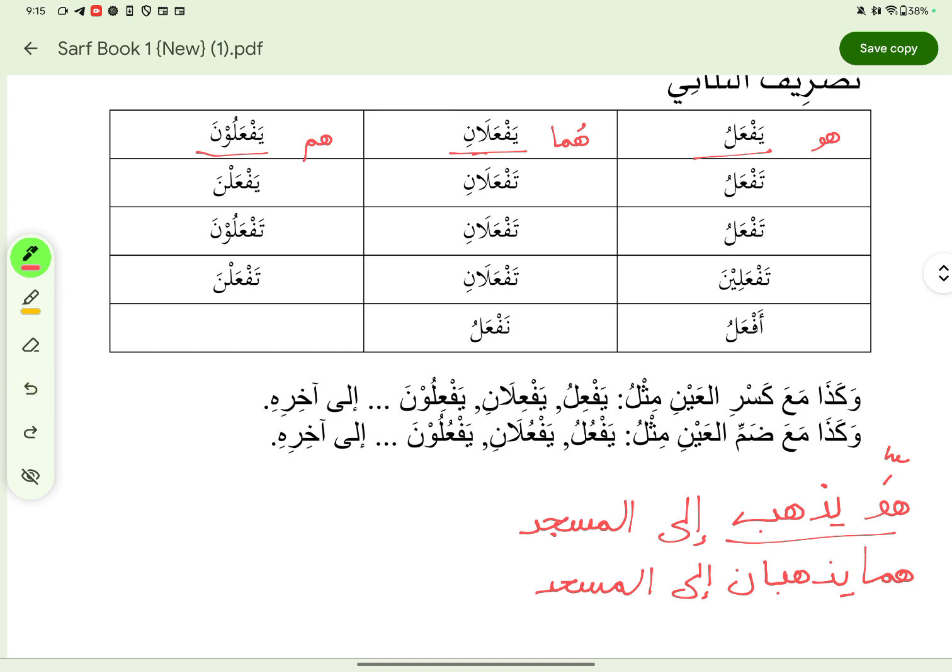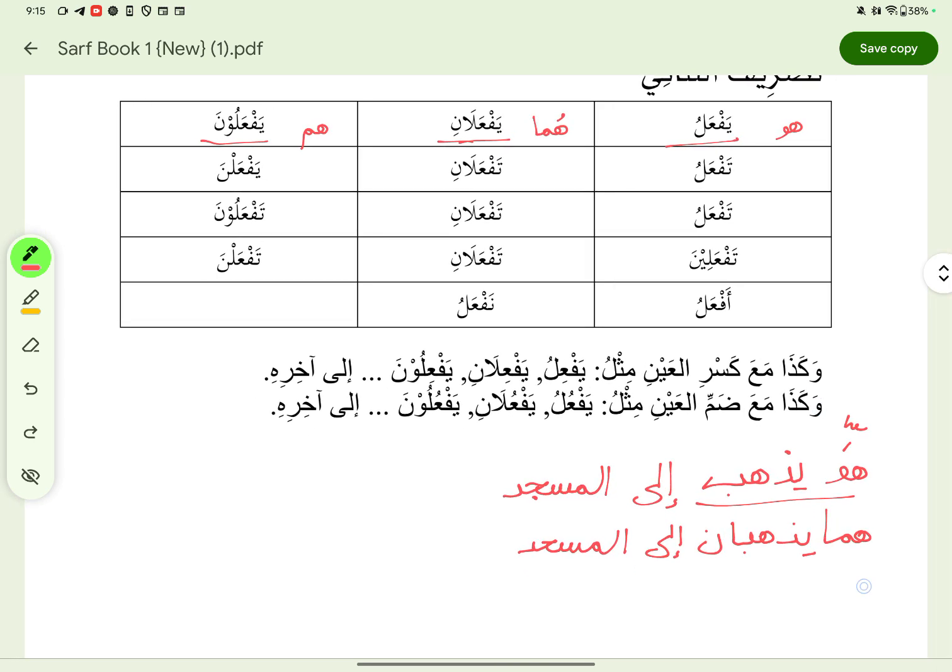The next one that we have here is هم يذهبون إلى المسجد. Right? هم يذهبون إلى المسجد.